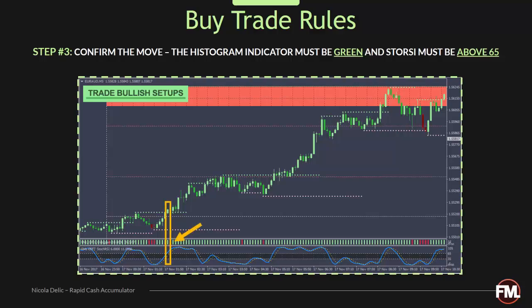So if we use that same breakout point, we can see that we have that histogram green and the stochastic RSI is above 65. Everything above the line is that 65 and all fine. So that's what you need to see to confirm the trade.